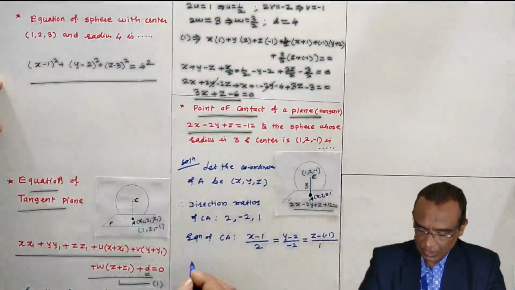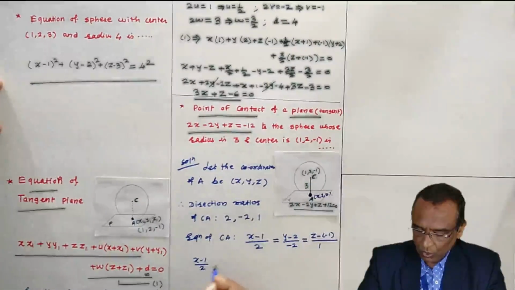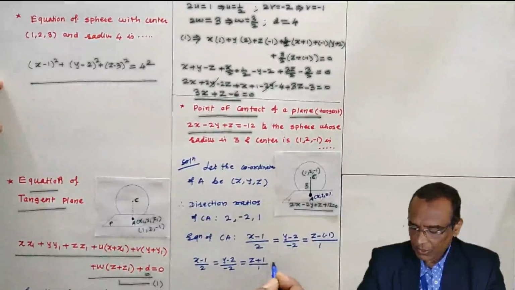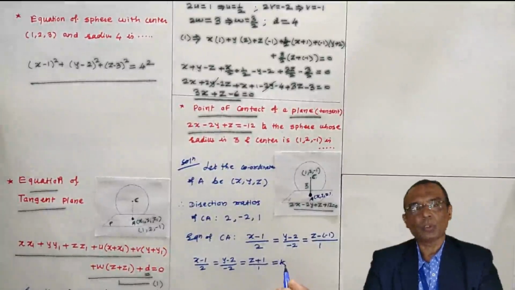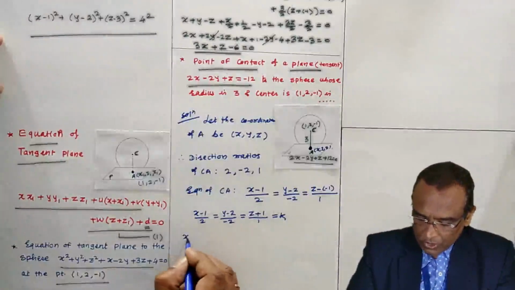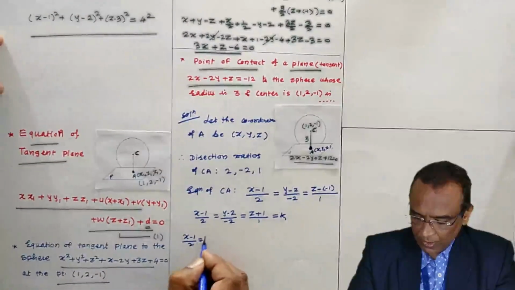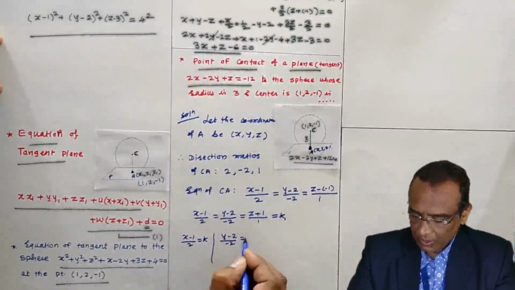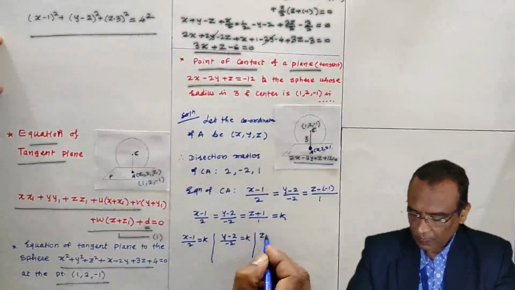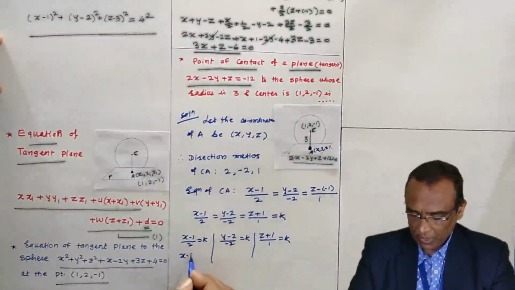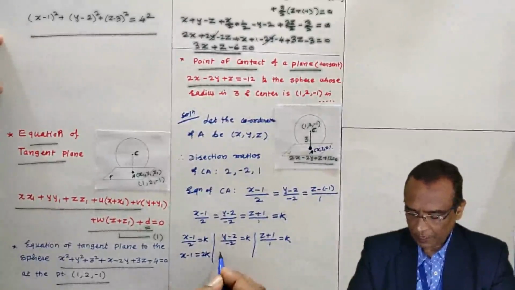For the sake of simplification I am going to equate these ratios with a constant k, or lambda, whatever. First ratio equals k, second ratio equals k, and third ratio equals k.